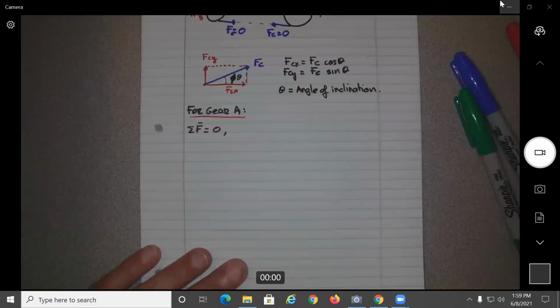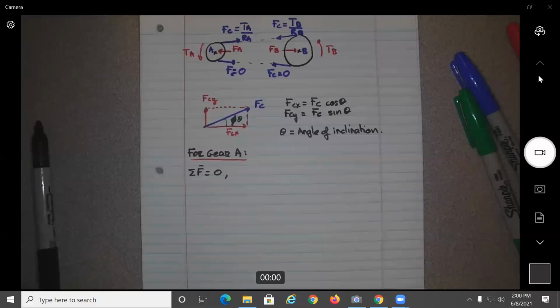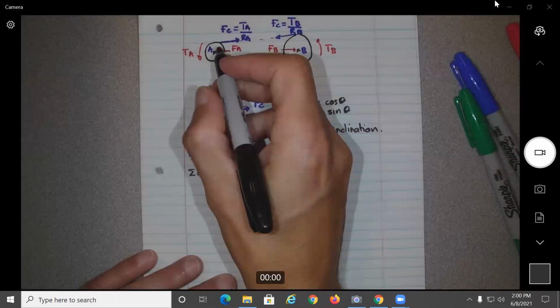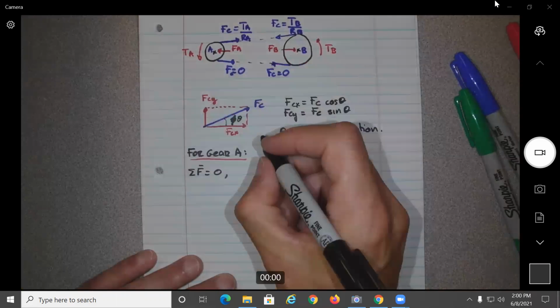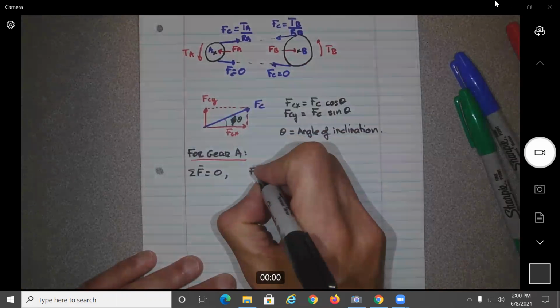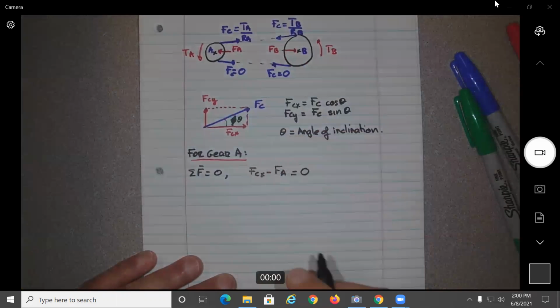Let me look at the figure. Let's just look at this one over here, okay? You will have F_c x minus F_A equal to 0.